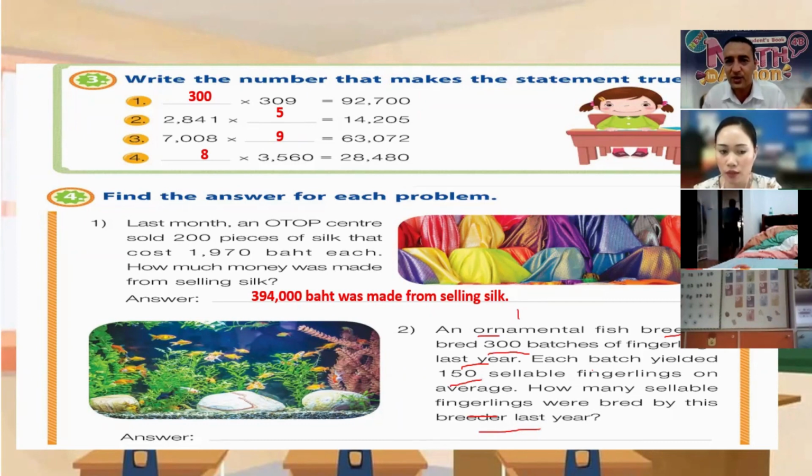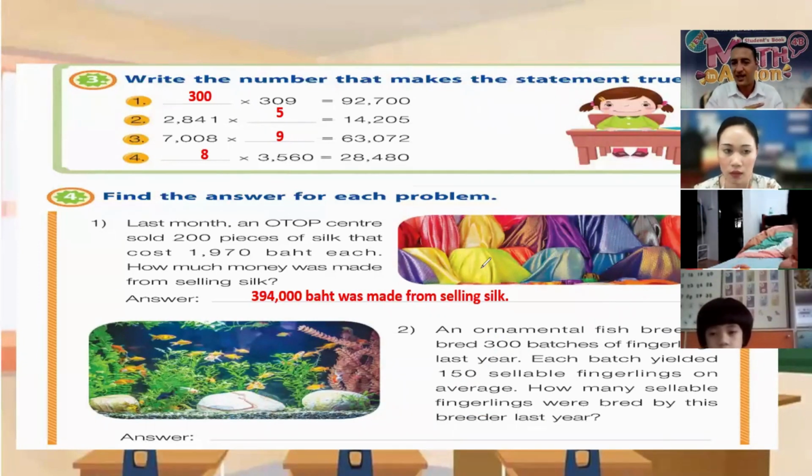Which method are we going to use, student? The fish breeder bred 300 batches of fingerlings last year, okay? And each batch had 150 sellable fingerlings on average. Multiplication? Very good, multiplication, because we are going to find the answer.